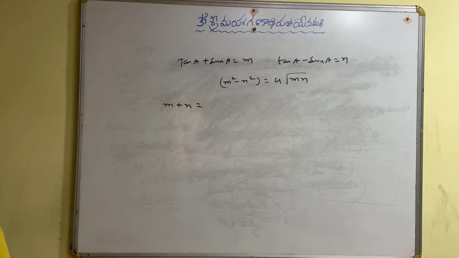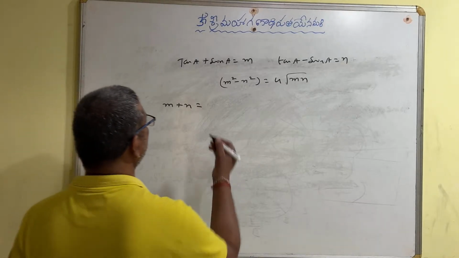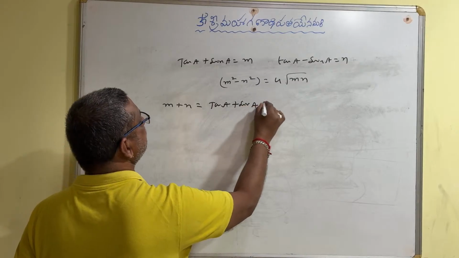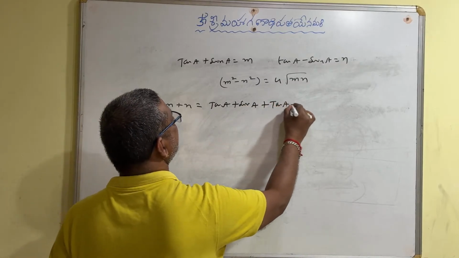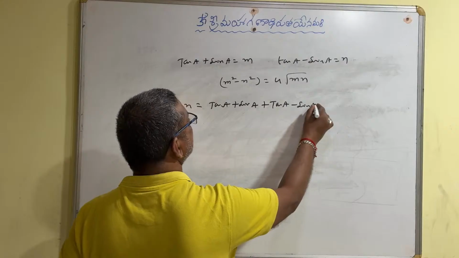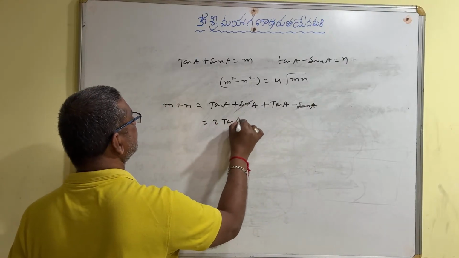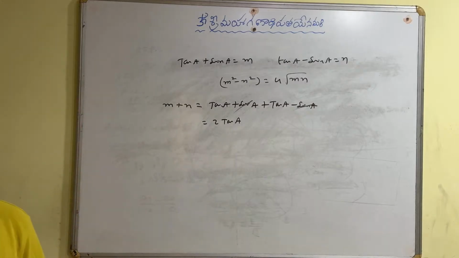M is given as tan A plus sin A and N is given as tan A minus sin A. No one responding. Tan A plus sin A plus tan A minus sin A. Minus sin A plus sin A cancel. We will get 2 tan A. So M plus N is 2 tan A.